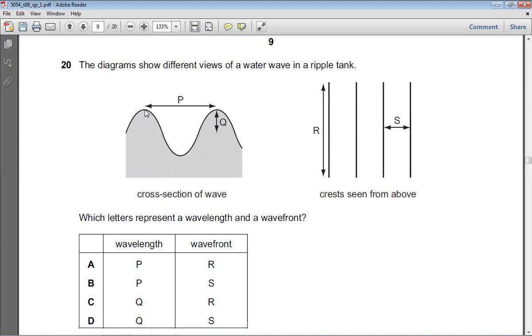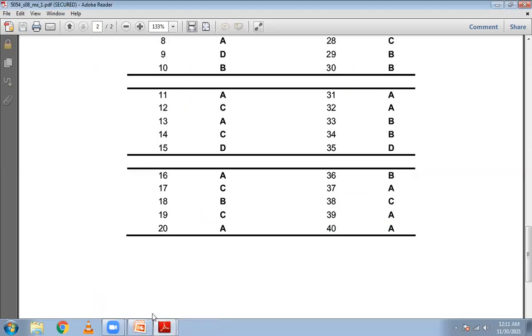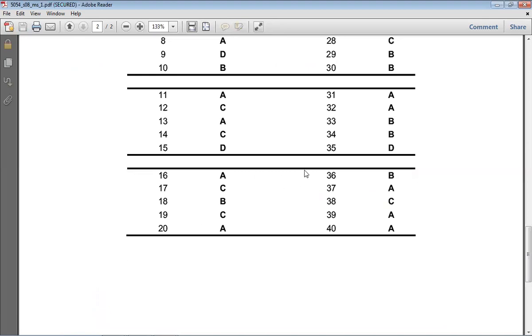So P represents the wavelength, and the wavefront is represented by R. S also represents the wavelength, but it has not been given in the options. So the wavelength is P and the wavefront is R. I think A looks the answer to me. That's the first answer. And it's right. Question number 20. Let's check. A is the right option, sir.